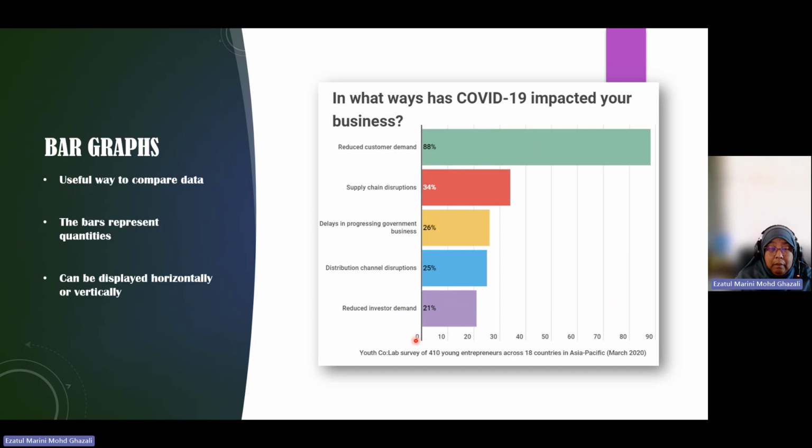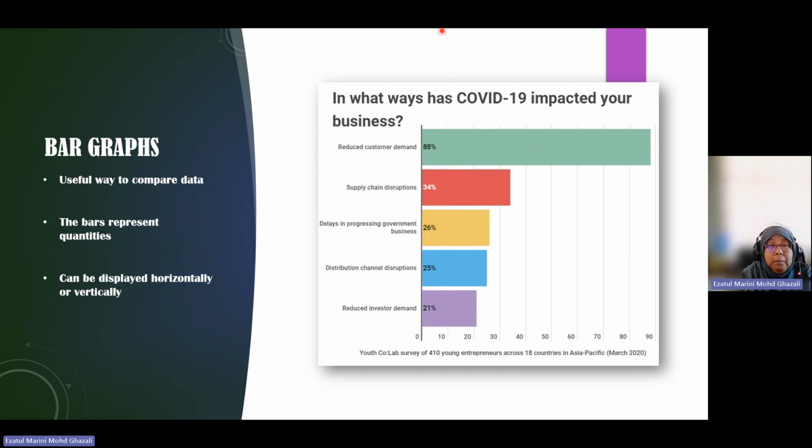And if you look at the x-axis, that shows the percentage of impact of COVID-19 on the business, right? The source used is a GoLab survey of 410 young entrepreneurs across 18 countries in Asia Pacific, and this was done in March 2020.